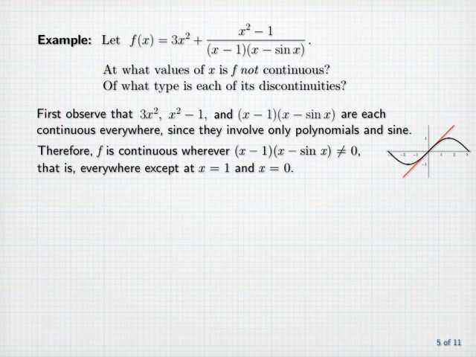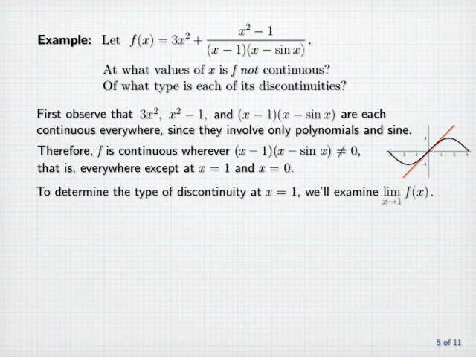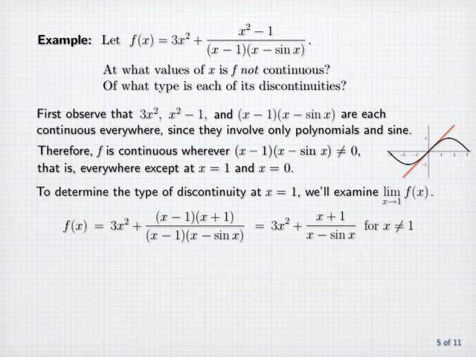To determine the type of discontinuity at x equals 1, we'll examine the limit as x approaches 1 of f of x. The numerator in the second term factors into (x plus 1) times (x minus 1), and so the x minus 1 factor cancels, and we conclude that the function f of x equals 3x squared plus (x plus 1) divided by (x minus sine x) for all x other than 1.